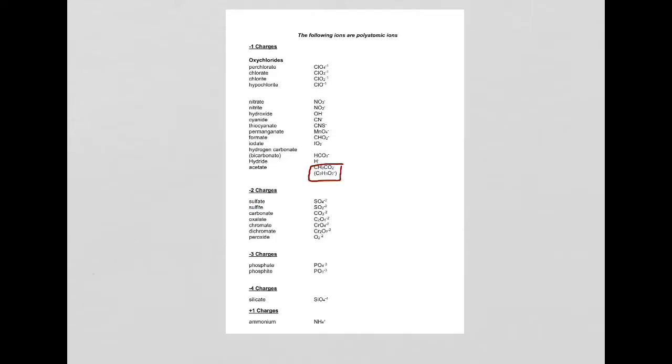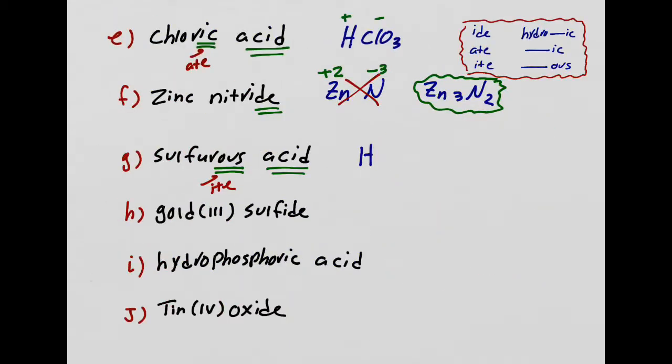I'm going to go back to the polyatomic ions. Where is my sulfite? My sulfite is right here. SO3 minus 2. Okay, so this is going to be SO3 minus 2. Hydrogen has a +1 charge because it's in the 1A group on the periodic table. So I'm going to cross multiply the charges. I get H2SO3.